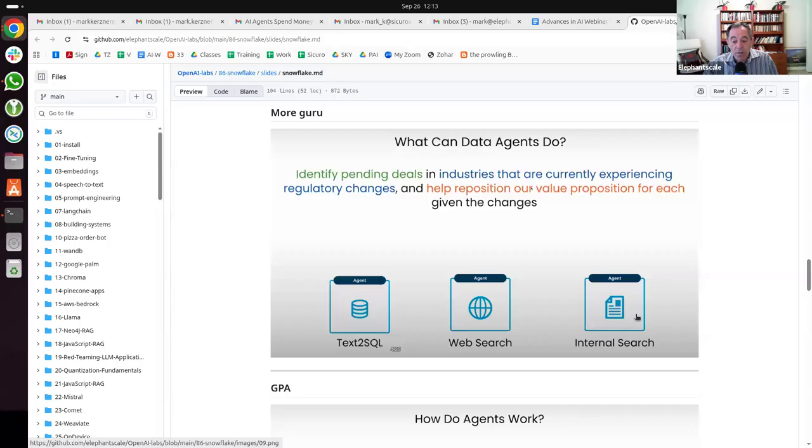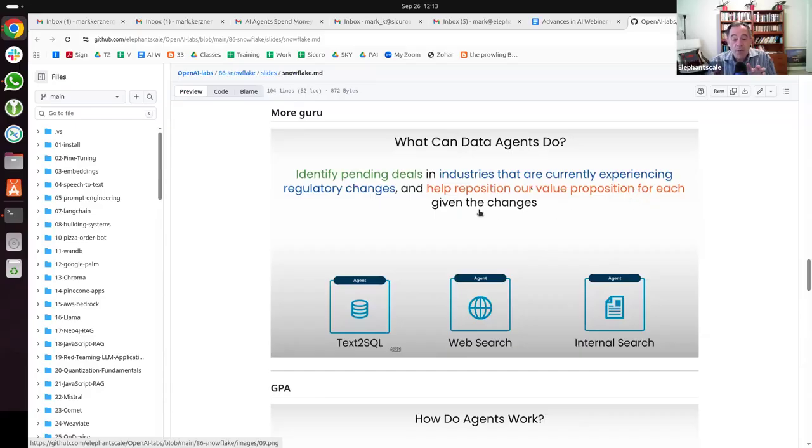Internal search doesn't mean really much. It's just another connection to the LLM where it will assume a very important posture and tell you, I am the one whom you are paying money for. The kind of financial consultant who will tell you, reposition your value proposition for each given the changes.